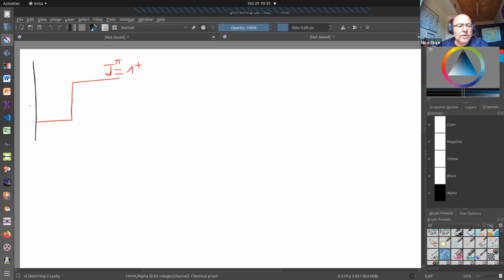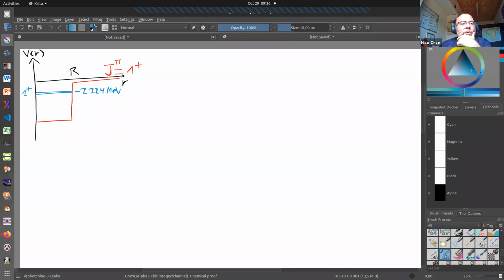This state, as we know, this is R and this is V of R. So we have a state which is at minus 2.224 MeV and has a 1 plus excitation. This is the ground state of the deuteron, right?